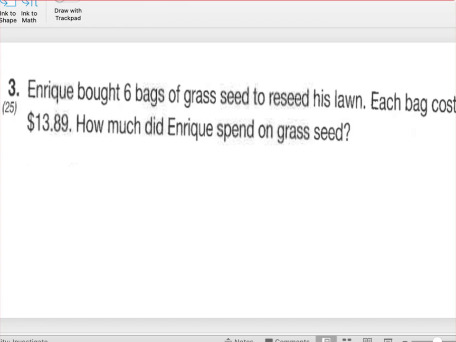Okay, number 3. Enrique bought 6 bags of grass seed to reseed his lawn. Each bag cost $13.89. How much did Enrique spend on grass seed? Okay, it doesn't say about, so we have to actually do the multiplication. $13.89, we're going to multiply by 6.